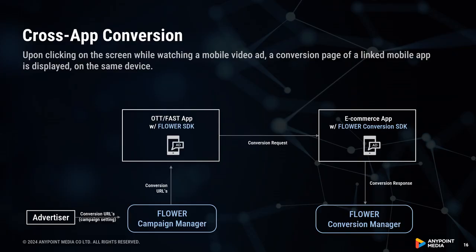And obviously this is, I guess, an easier type of way, but cross-app conversion is also possible. So if you are an OTT app and you want to do advertising of that type, then we can actually deep link the content as well, where you get to either the App Store or to another purchase page.